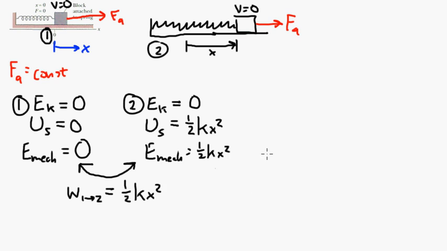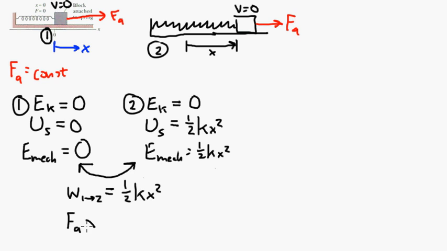Now we want to find out, well, the work was done by the applied force A, which is constant. So we want to find what this distance x was over which this work acted. Since A is acting in the same direction as the displacement, we can just multiply them together, scalar fashion.